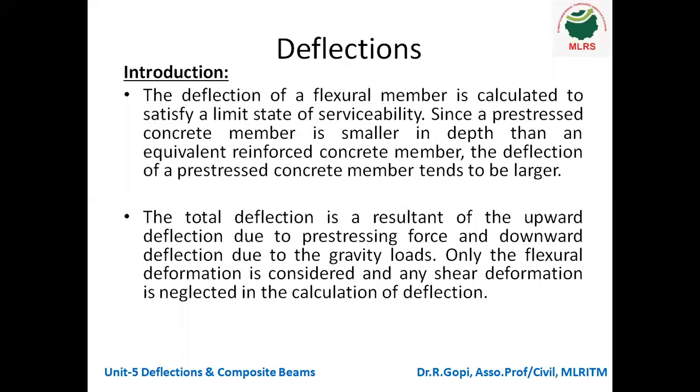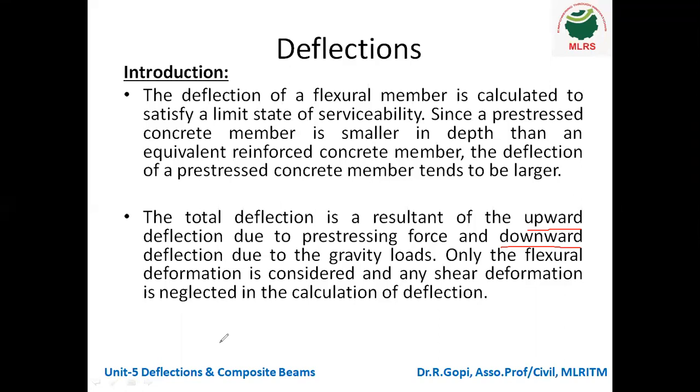The total deflection is a resultant of the upward deflection due to prestressing force and the downward deflection due to gravity loads. Normally in an RCC member, deflection occurs in only one direction, downward due to gravity.